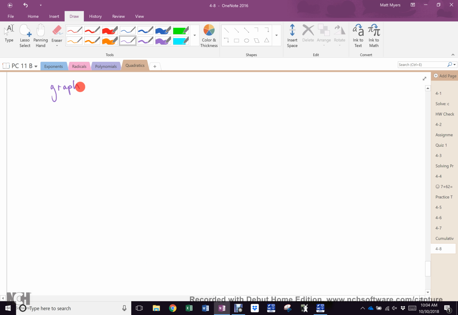We'll graph, but remember, when we graph, we're just going to sketch and label the points, yes? Let's graph negative x squared minus 5x minus 4. What form is that one in?